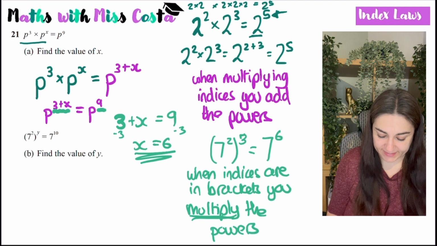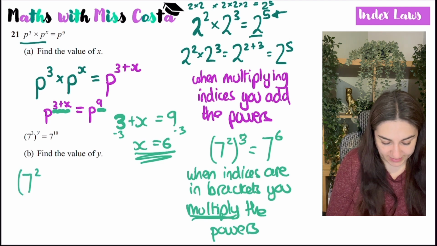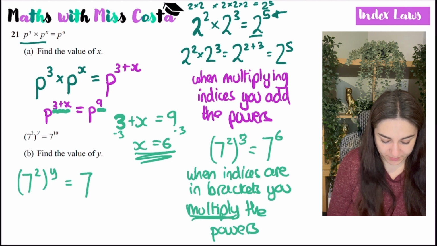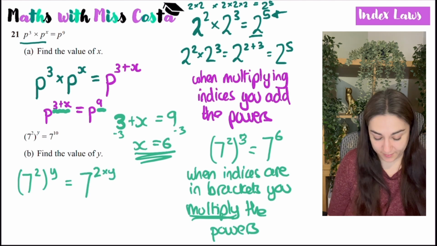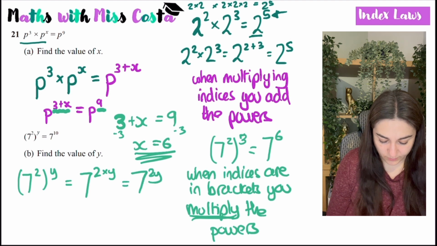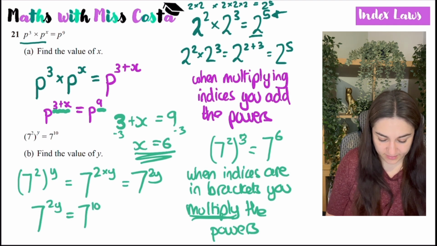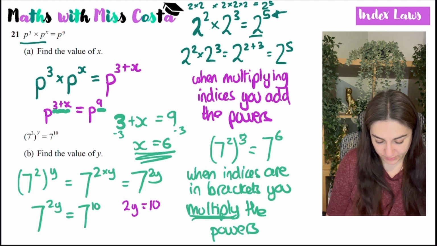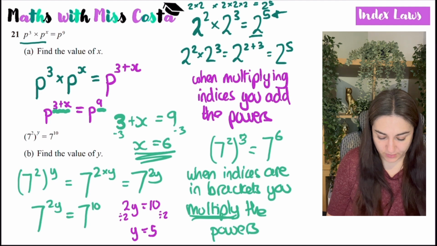The powers are just the little numbers. So that means 7 squared to the power of y would become 2 times by y, which is 2y. So I know that 7 to the power of 2y is the same as 7 to the power of 10. So therefore, 2y must equal 10. And if I divide both sides by 2, y equals 5.